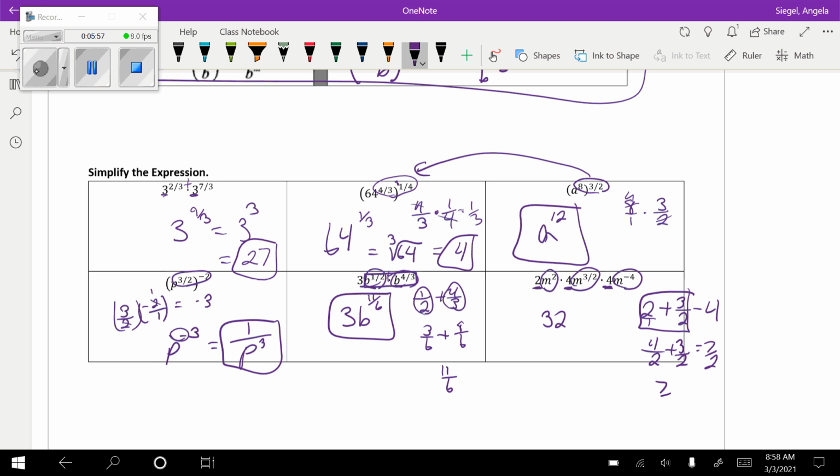So 7 halves minus 4 is the same thing as 7 halves minus 8 halves, which is negative 1 half. So I have m to the negative 1 half power, and again, I need to make that positive. So I have 32 over m to the 1 half power, or I can rewrite it as 32 over the square root of m.